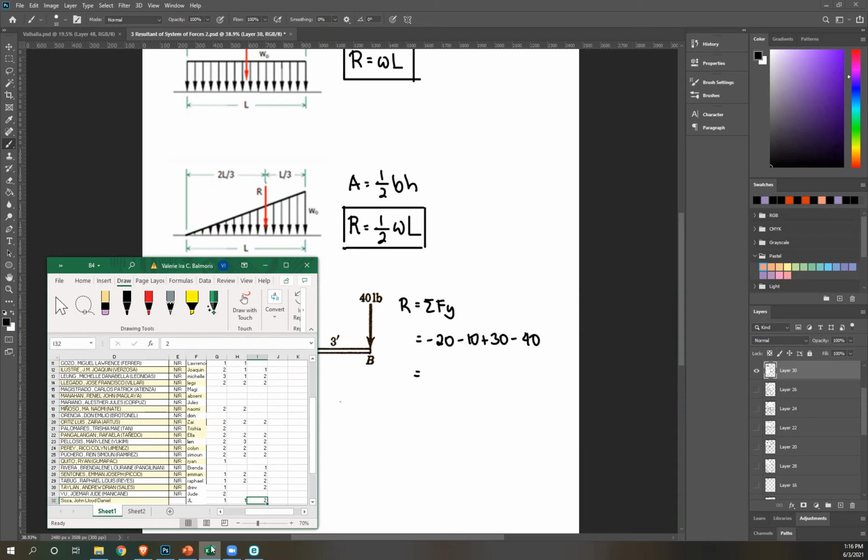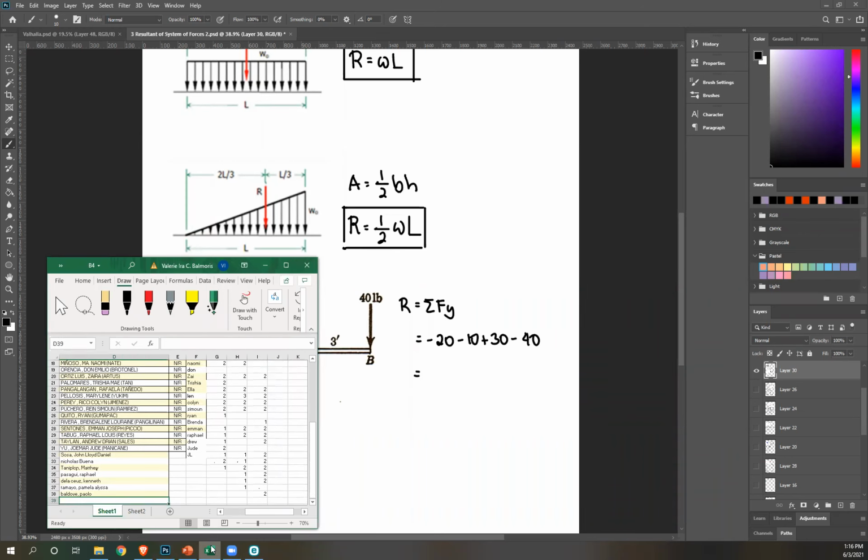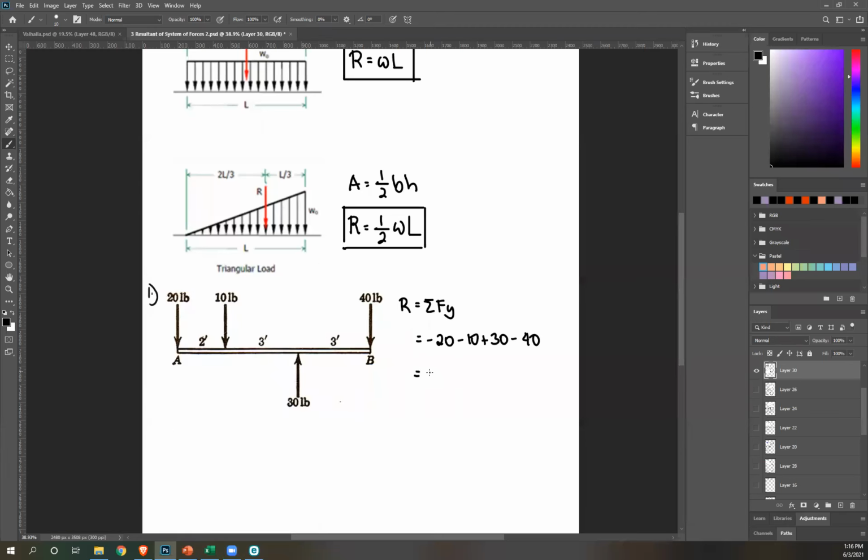Joshua David. Negative 40. So once again, this negative sign just indicates the direction. So the resultant is negative 40 pounds or 40 pounds downward.